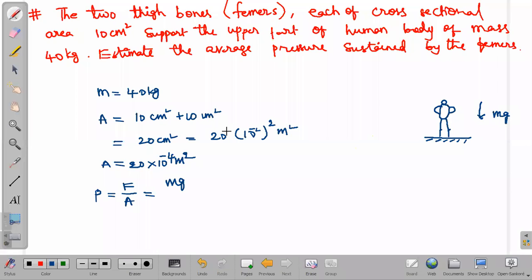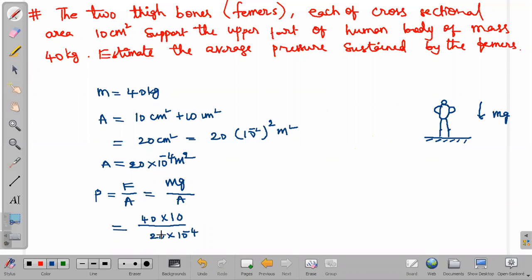So if we write mg by A, now we substitute. m is what? 40, that is in kg only, into, sorry, not into 20. It is g, no? G value I'm considering as 10. So 40 into 10 by 20 into 10 to the power of minus 4.